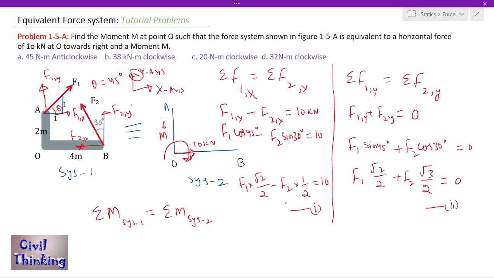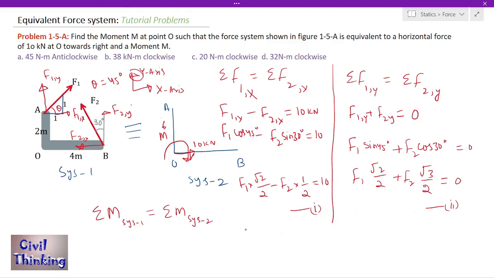Now we have two equations and two unknowns. The two unknowns are f1 and f2, right? If you use a calculator, you put the two equations and two unknowns, you will get the value of f1 and f2, okay. And also you can find it like this. How are you going to do that? Now f1 root 2 by 2, f1 root 2 by 2, they will cancel out if I subtract them.